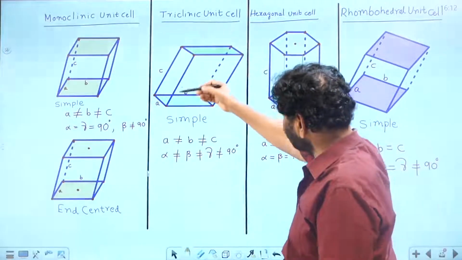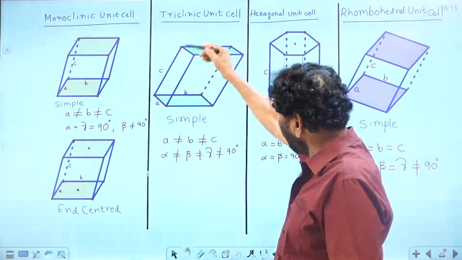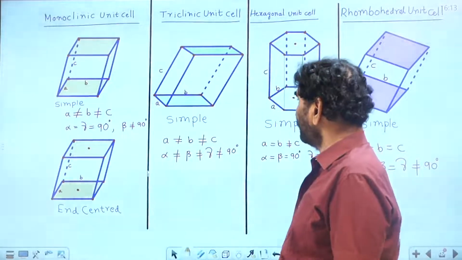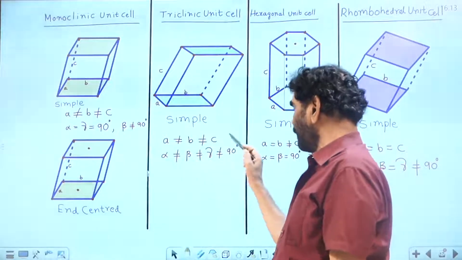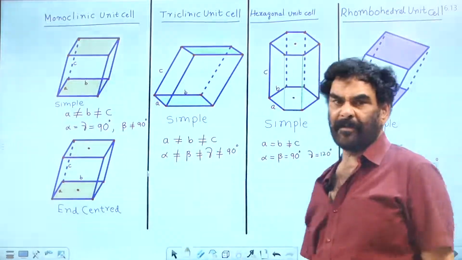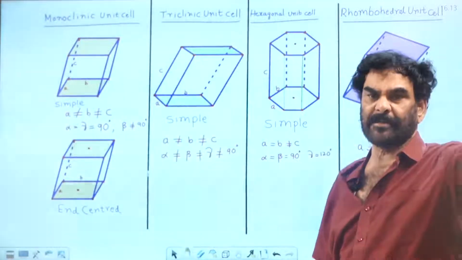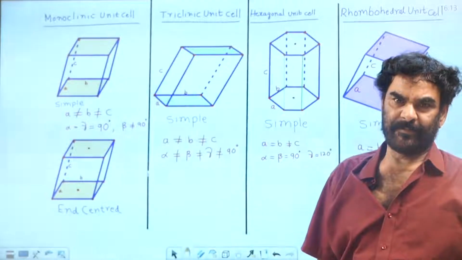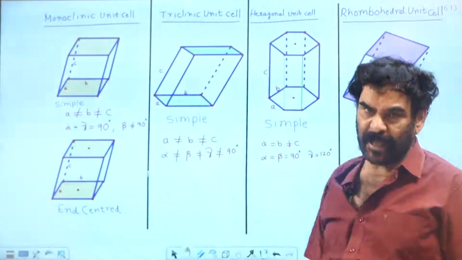So you can clearly see in the picture that the lengths A, B and C are different, and the angles are different: alpha is not equal to beta is not equal to gamma. All six parameters are different. In no other unit cell are all six different, so this is the most unsymmetrical unit cell.